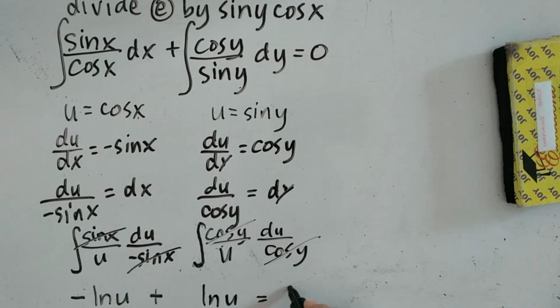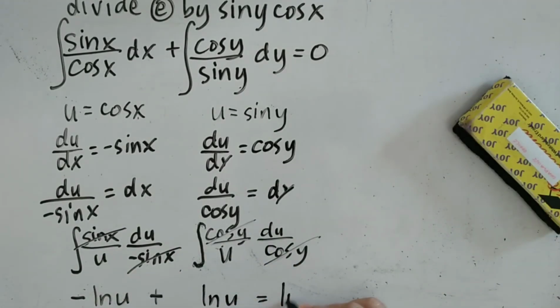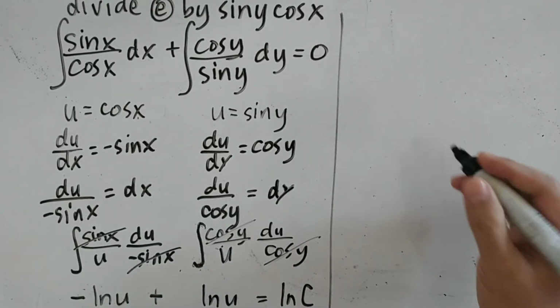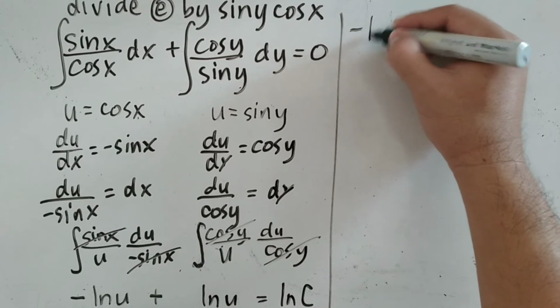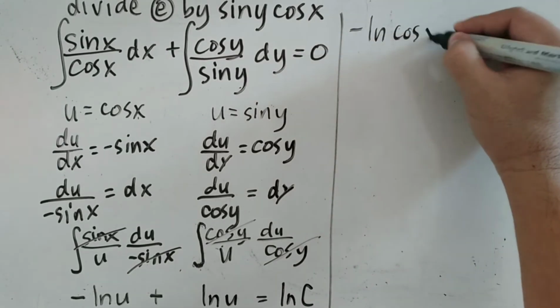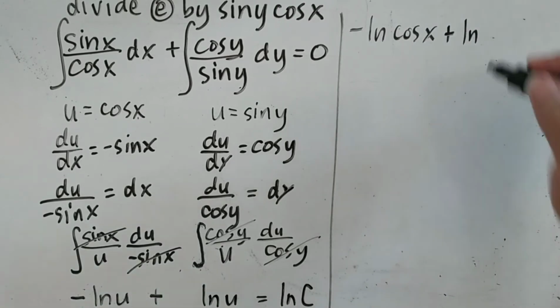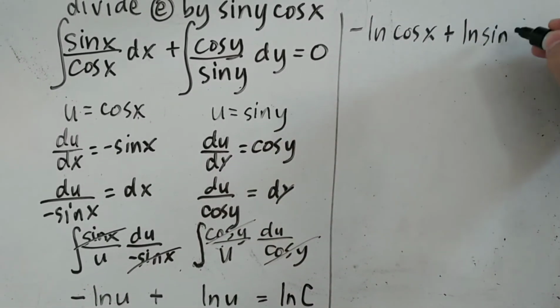equals, instead of just placing c here, I'll place ln of c so that we can simplify much easier later on. Okay, so substitute everything. Our u on this side is cosine of x, so this becomes negative ln of cosine of x plus ln of sine y equals ln of c.